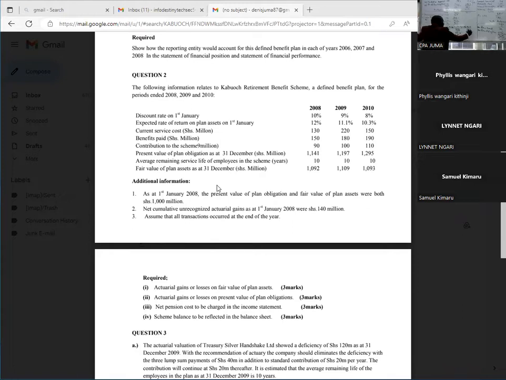Corridor, 90.7. Give me the excess. 169.48 minus 90.7 is 78.78. Divide by 10, that gives 7.88.